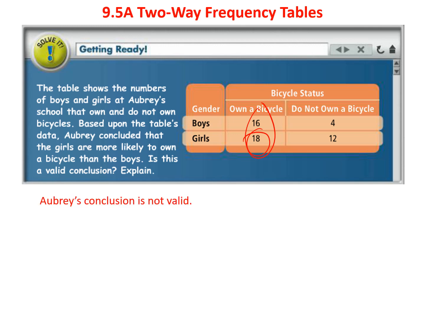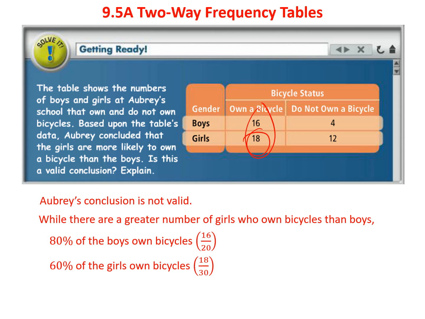For example, while there is a greater number of girls who own bicycles, let's consider the percentage of boys and the percentage of girls that own bicycles. And notice in the boys, 16 own one, but the total, 16 and 4, is 20. So 16 out of 20. And the girls, you see, 18 out of 30. See, there's more girls being asked the question.